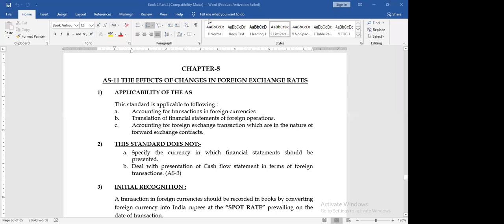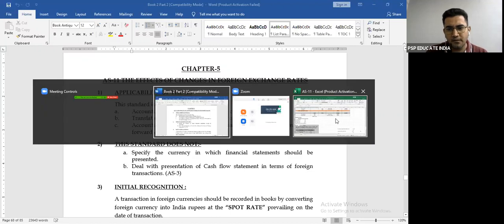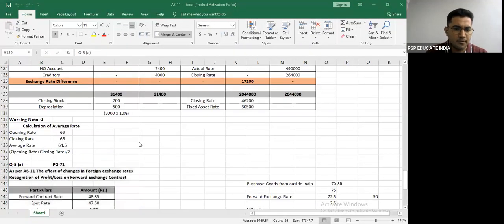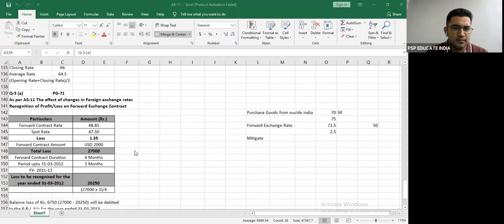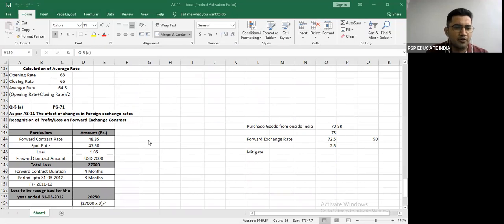Anyways, let's quickly begin with your doubts. We are doing AS 11, so please quickly post your doubts on the chat box. We last did a question on forward contracts.